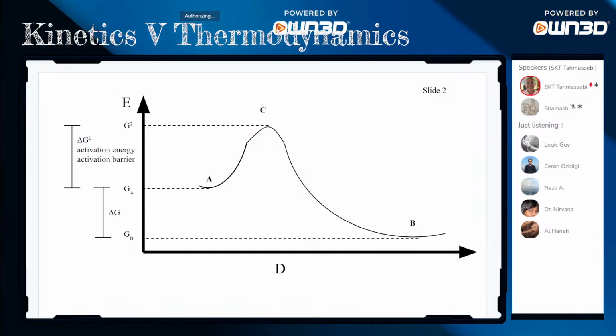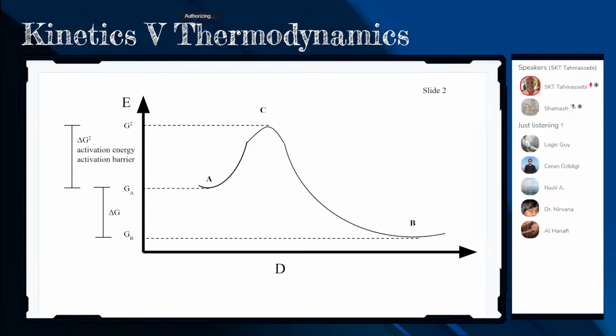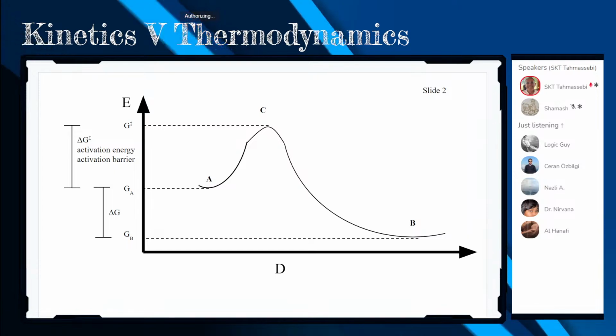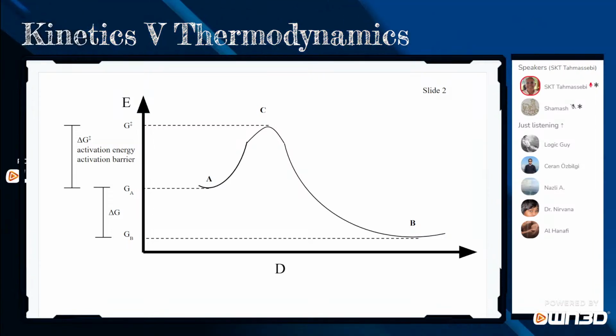That is, the nuclei that are bound together through a bond in A separate out and form B. So the distance between the two nuclei is the x-axis, and the free energy of the molecules is on the y-axis.